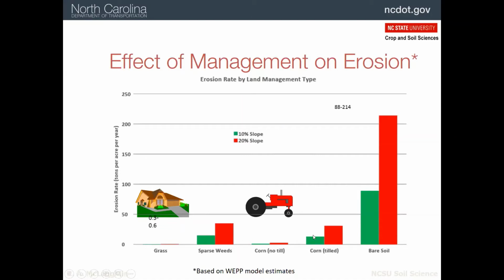But if you look at any of these compared to bare soil, which is what we have on a construction site, they're much lower. So we have a lot of soil erosion happening on construction sites because we have to grade, we have to move the soil, so it's going to be bare. And every time it rains, we're going to have massive amounts of erosion. And again, that's why we're here today, because we want to control that sediment and keep it from getting off the project.